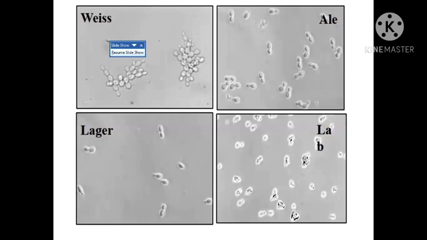Moving to the next slide, here you can see pictures of the different kinds of yeast, what the components are, and how they look biologically. There is Weiss yeast, ale yeast, lager yeast, and lambic yeast.